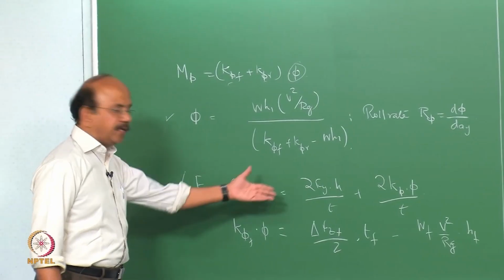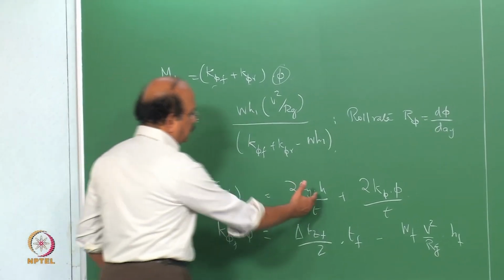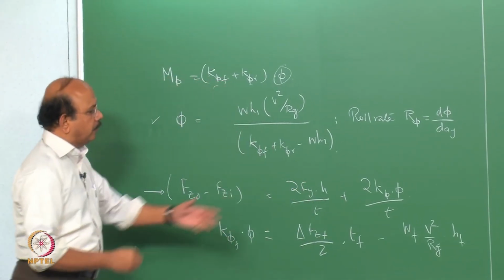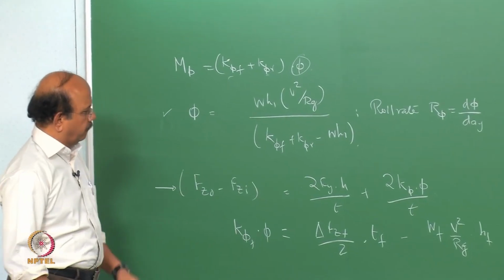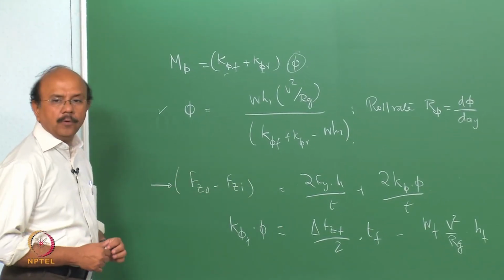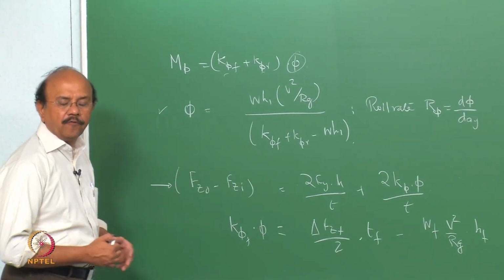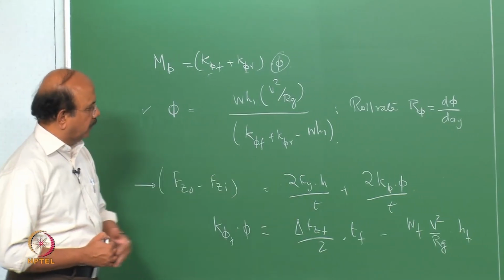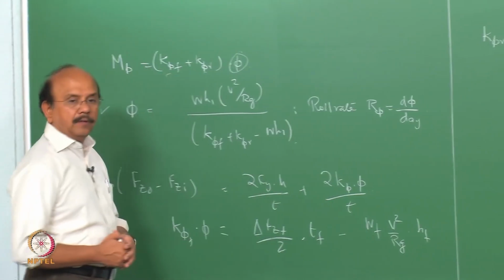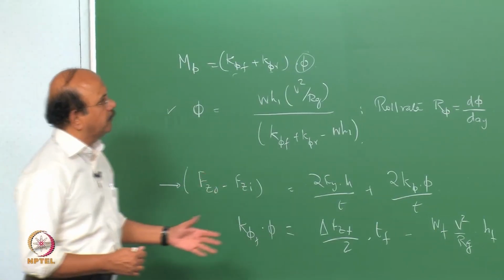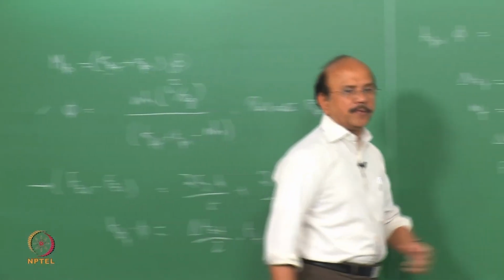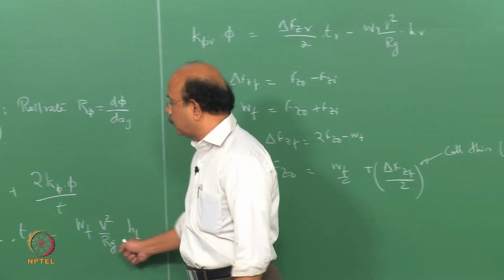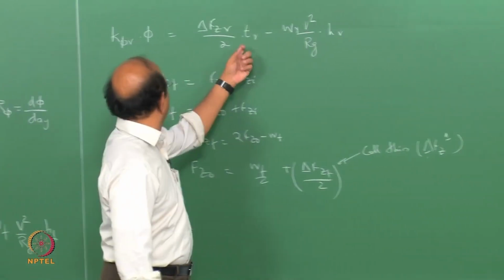So I'm rearranging that equation, bringing it to the left hand side, and we know that Fy front is Wf into V squared by Rg, and that's what I'm substituting here, and instead of H I am putting Hf. So I am specializing this equation for the front as well as for the rear.